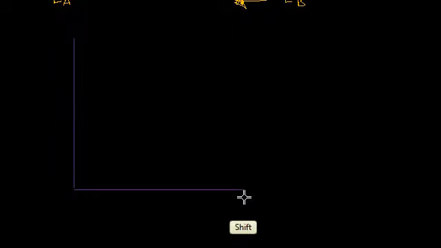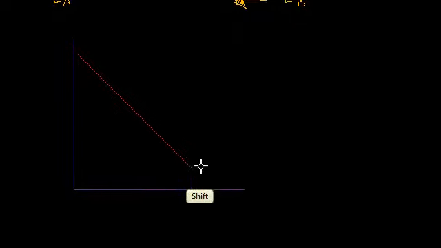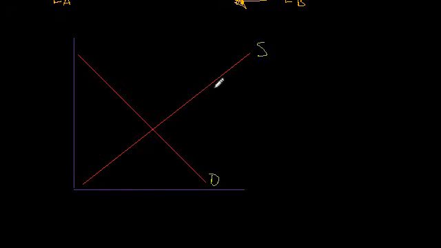Because I think most of us are used to seeing diagrams that look something like this, where we have a demand curve here and a supply curve, and I'll just put labels on those really quickly. Here we've got demand, here we've got supply, and then where these two curves intersect, we've got the equilibrium quantity and the equilibrium price.